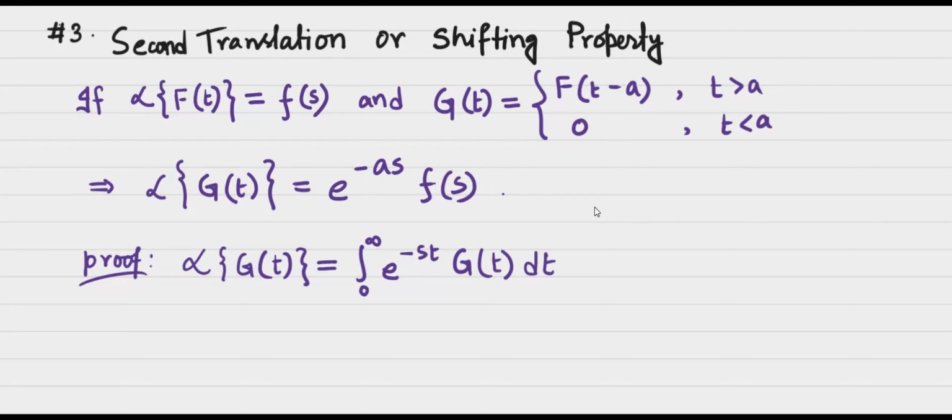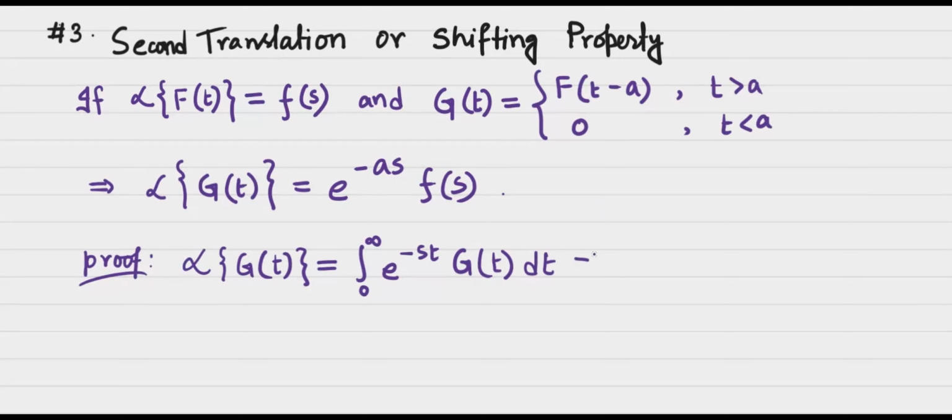So from 0 to a, this function g of t does not contribute anything to its Laplace transform. It's only the part from a to infinity that contributes. In fact, the only contribution comes from that part.